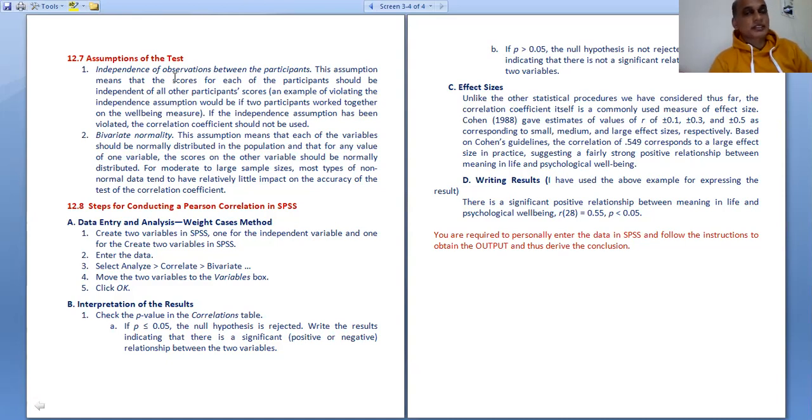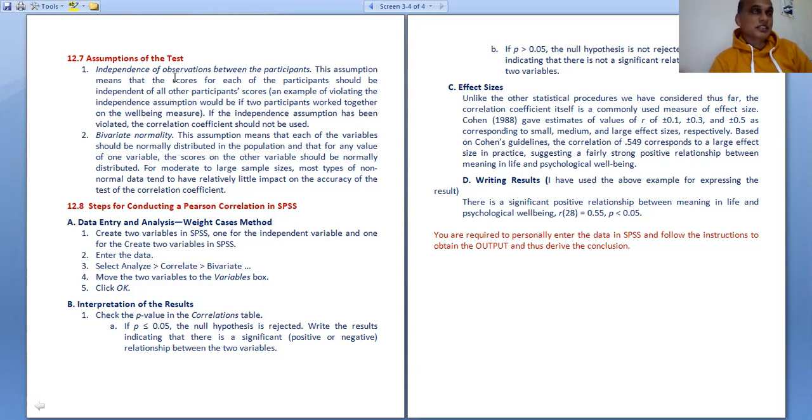Here, if you look at the effect size, we have been talking about Cohen's way of considering effect size. For small r, that is the correlation coefficient, he has proposed three values. The Pearson correlation value is between plus one and minus one. If it is plus or minus 0.1 or near to it, we call it a very small effect size.